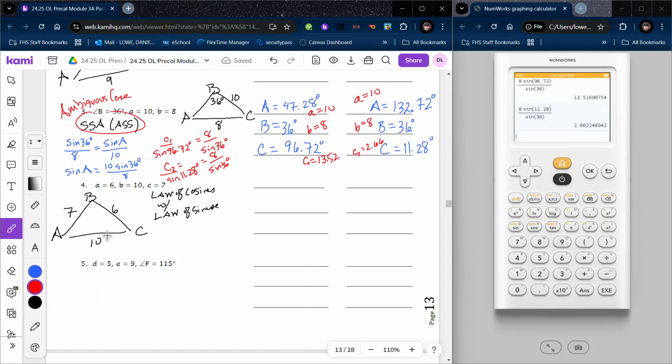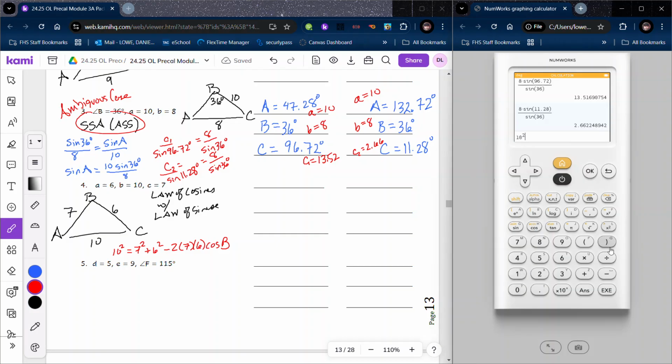The associated work, using the law of cosines, I want to find my biggest angle first. So 10 squared is going to be equal to 7 squared plus 6 squared minus 2 times 7 times 6 times the cosine of that angle B. So solving, I've got 10 squared minus 7 squared minus 6 squared.